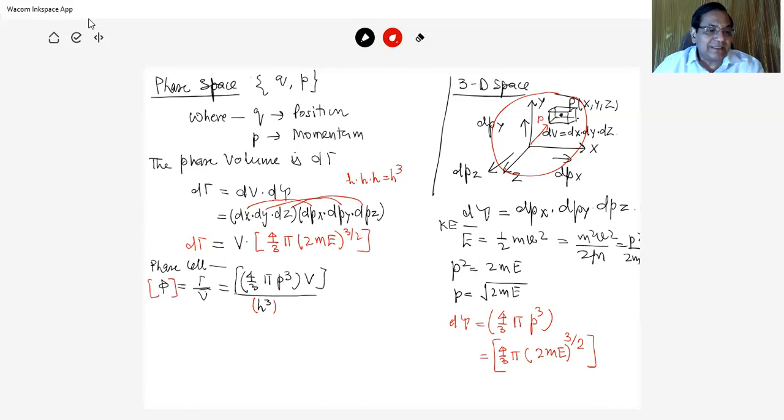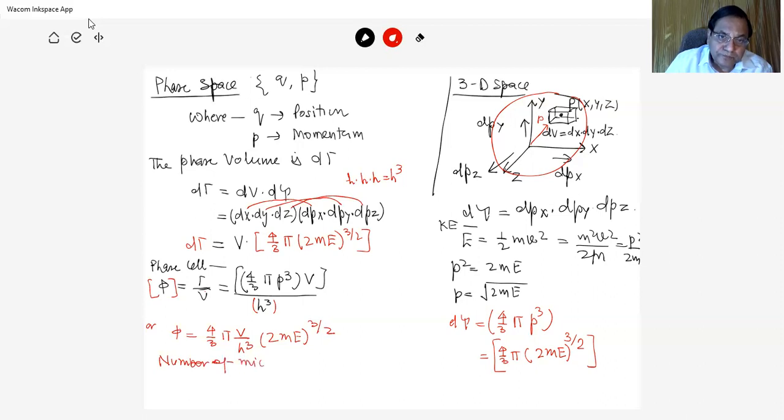So the phase cell is this, and this can be expressed as: this phase cell is 4/3 π V upon h cube (2mE)^(3/2). Now, number of microstates, that is this dΓ, this Ω is ∂φ by ∂E.